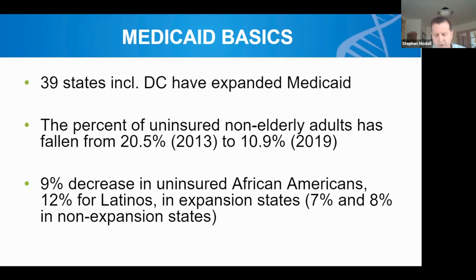The percentage of uninsured non-elderly adults fell from 20.5% in 2013 to 10.9% in 2019. There's been a 9% decrease in the uninsured rate among African Americans in expansion states, and this is a little bit lower for non-expansion states, 7%. And for Latinos, it's 12% in expansion states and 8% in non-expansion states. Next slide.